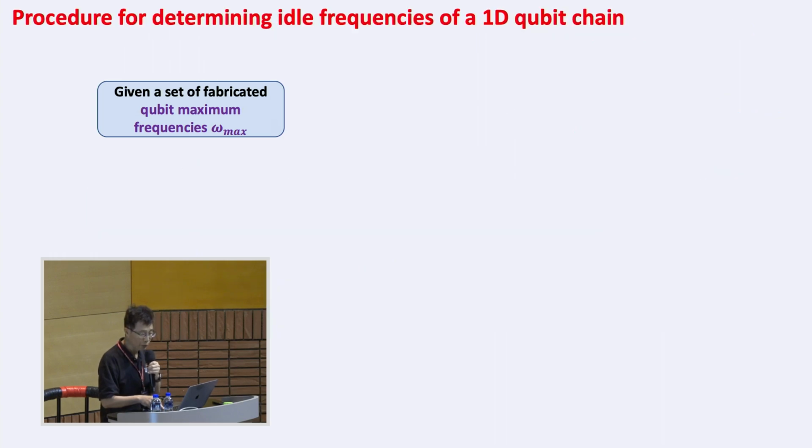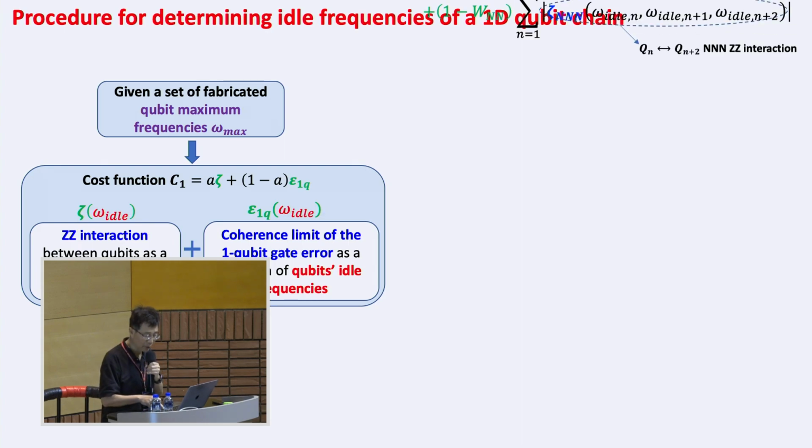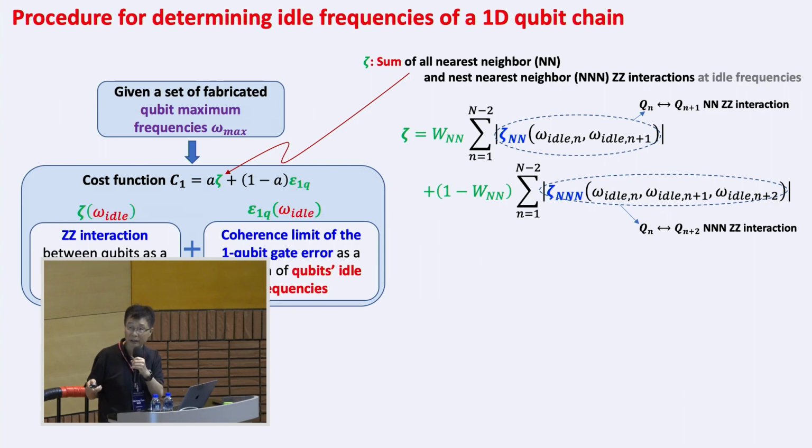So what to do here is to find the idle frequencies for given maximum frequencies of the 5 qubits. First we write down a cost function, and this cost function contains 2 terms. The first term is the ZZ interaction, and the second term accounts for the coherence limit of each qubit's gate error. In the first term, the ZZ interaction, we count between neighboring qubits and between next nearest qubits.